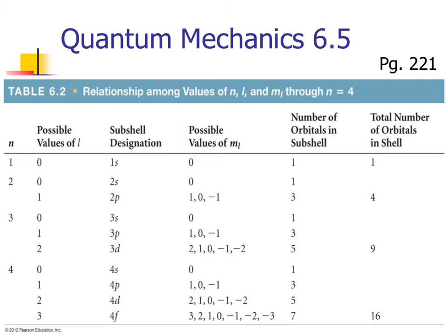In row 2, where the principal quantum number is 2, you have possible values of 0 and 1. The 0 is your S block, which are groups 1 and 2, which if you look right above lithium and beryllium, it says S block.